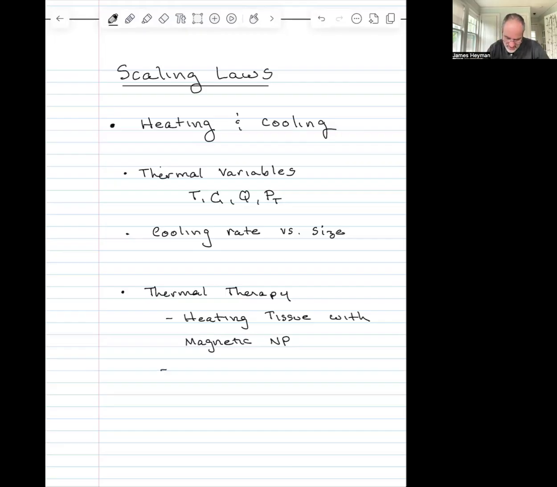And we'll see how the change in temperature that we can achieve scales with the size of the nanoparticles, which is really interesting. All right, here, let's go to our definitions and get started.